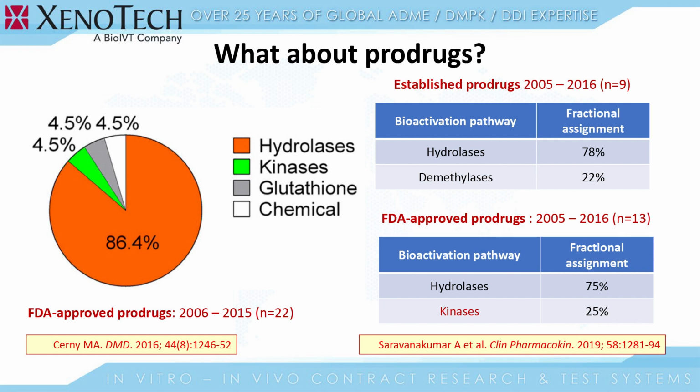Now, for FDA-approved prodrugs between 2005 and 2016, there was a larger data set in this case, with an N of 13. And again, hydrolases made up a majority of the enzymes involved in the metabolism and activation of these drugs, being 75%. In this case, the second most prevalent non-CYP enzyme were the kinases, making up 25%.